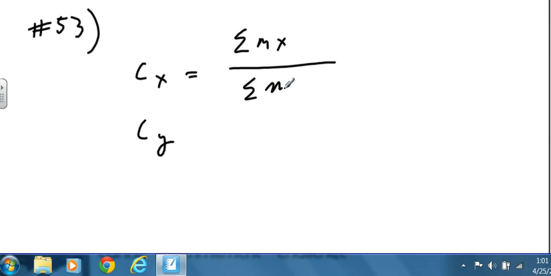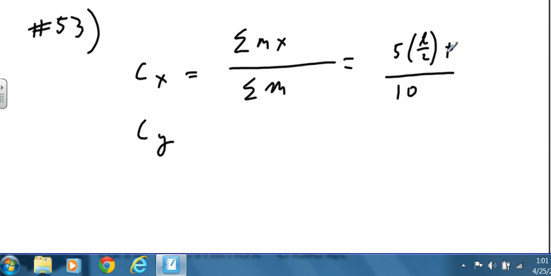sum of the masses. Alright, so I've got 1, 2, 3, 4, 5, 6, 7, 8, 9, 10. I have 10 masses. In the x direction, I've got 1, 2, 3, 4, 5 of them, 5 of them at L over 2.